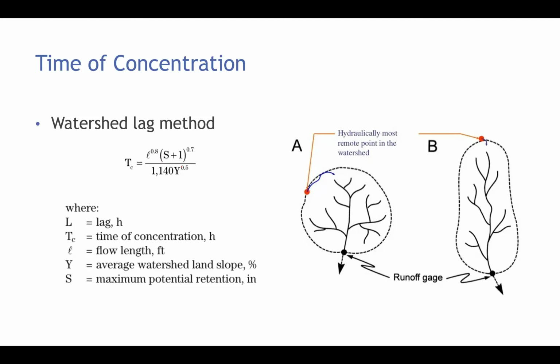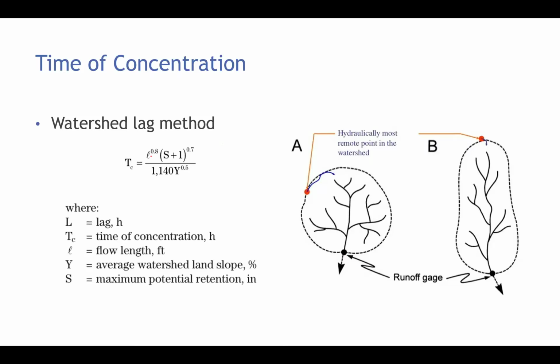So now you understand that your TC is a function of your flow length, S, which is curve number, and curve number is a function of your land use plus your soil type.